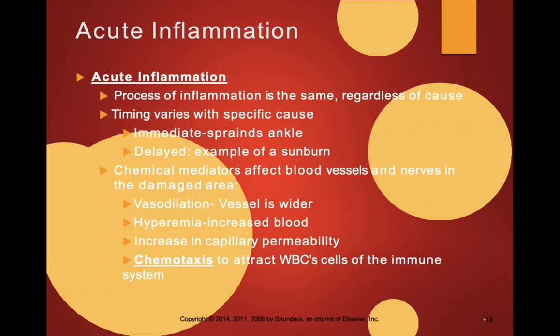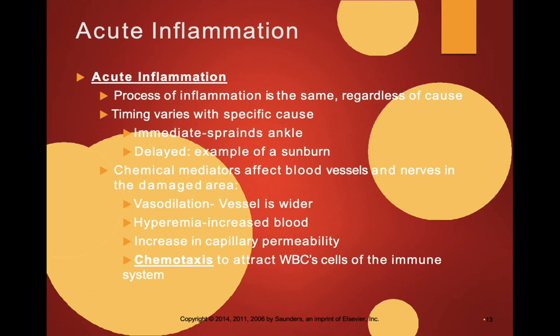oh, it'll hurt. So the chemical mediators that affect the blood vessels and the nerves that are damaged, it's going to create vasodilation. So the vessels are going to become wider due to the histamine. When they become wider, there's going to be a lot more blood rushing into that area. That's called hyperemia, increased blood.